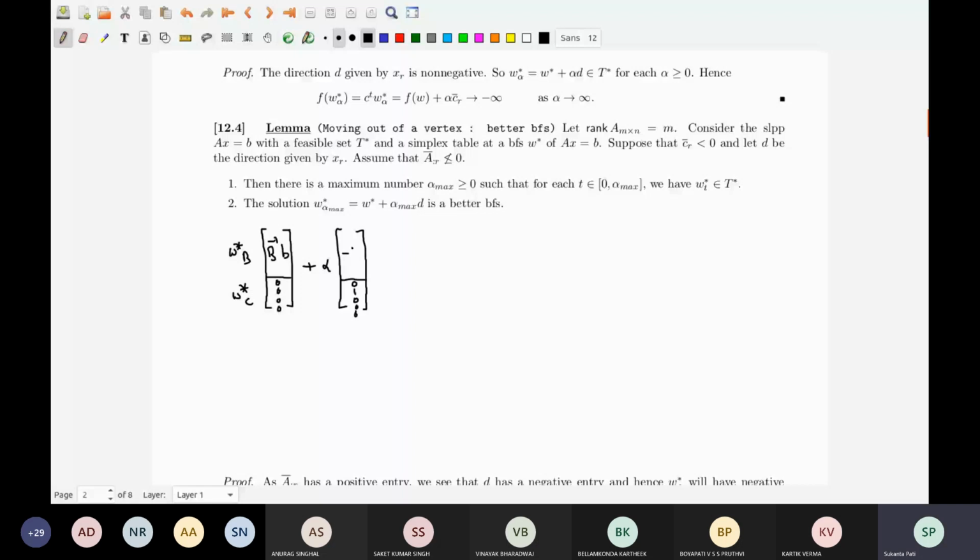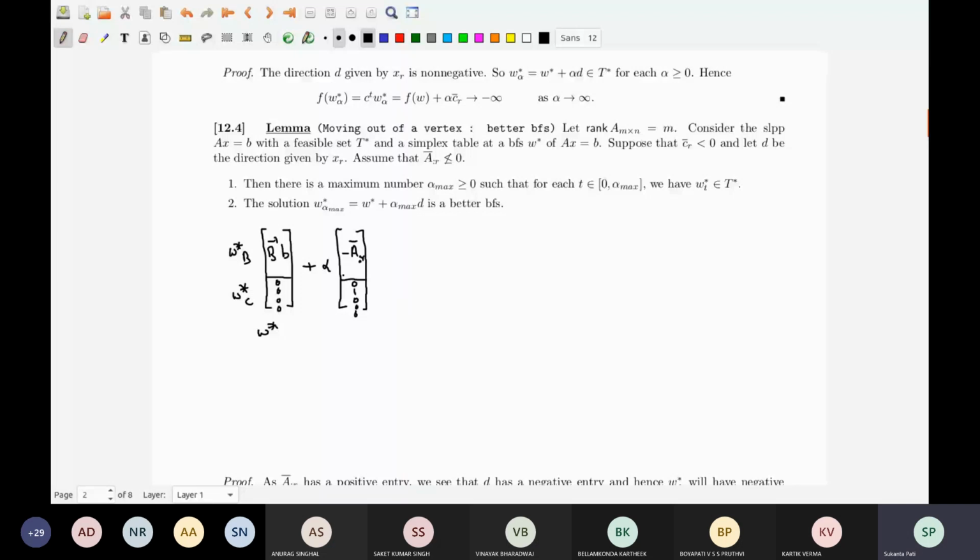Now, the rth column of A bar has some positive entries, so alpha cannot be arbitrarily large, because this W star is a fixed one. If you take alpha arbitrarily large, then these entries will be negative. So there is a maximum extent that you can go.